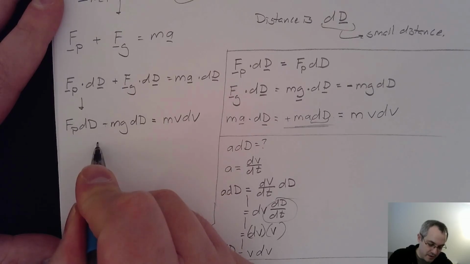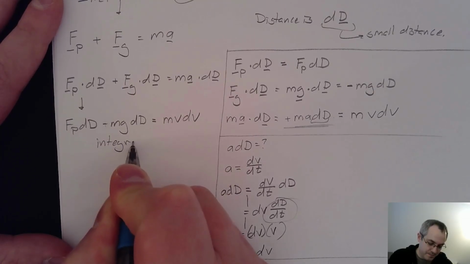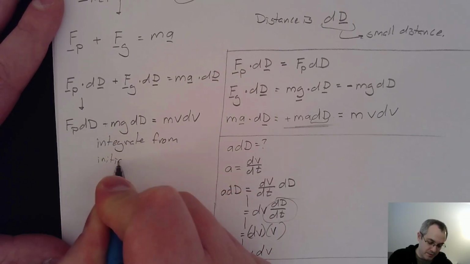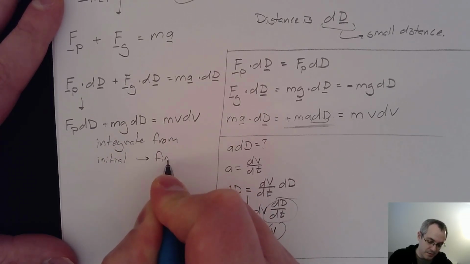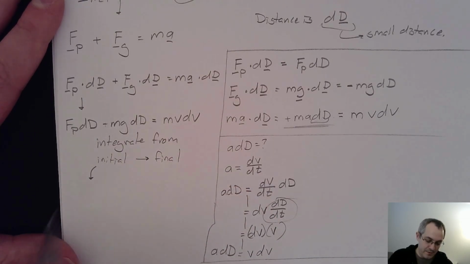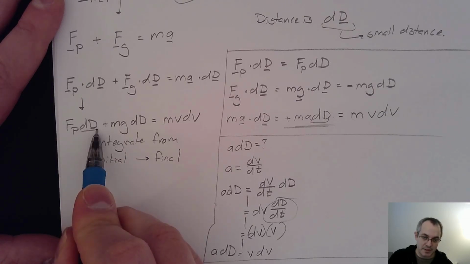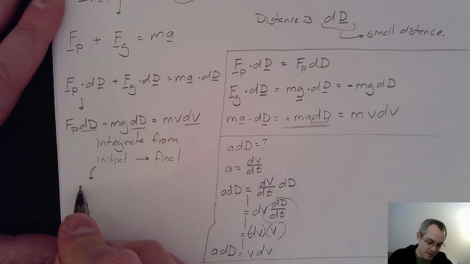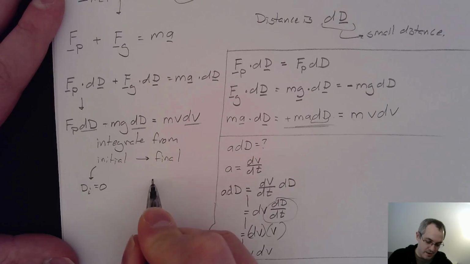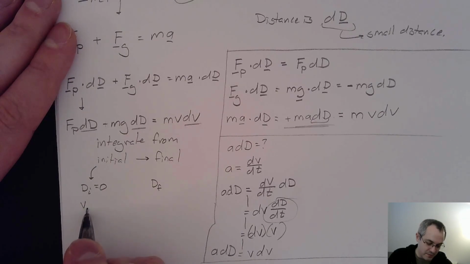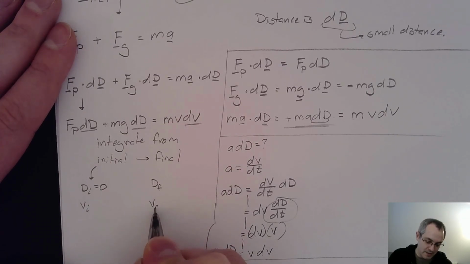What we'll do is we'll integrate from initial to final situation. And so for the initial situation, we're going to see that we're going to have variables d and v. So that means the d initial, which we know is equal to 0, and df is just df. And we have some initial velocity and some final velocity.